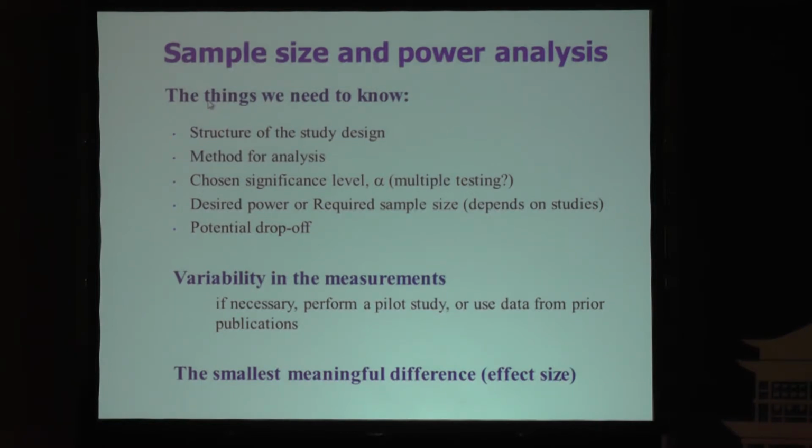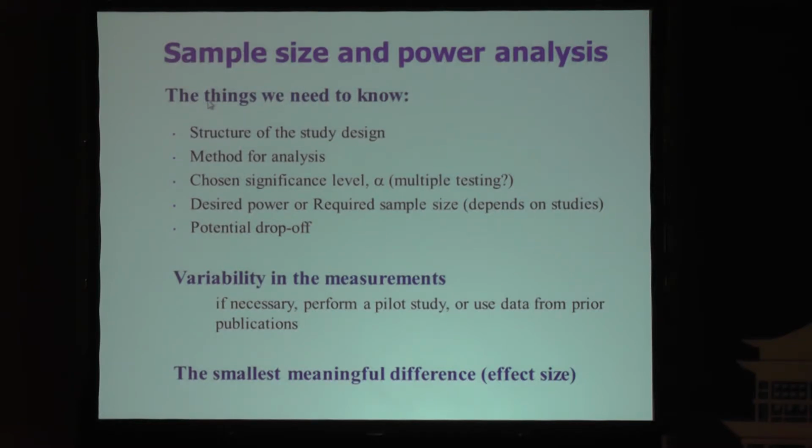On the other side, the variability of the measurements, especially for continuous outcomes, is a very important aspect of sample size estimation. To be a little more complicated, this variation of the outcome sometimes goes beyond the variation of the measurement itself. For longitudinal measures, we may need to consider the correlation between repeated measures.